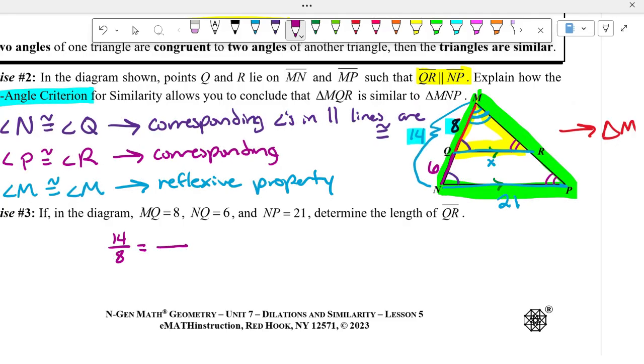Whatever value we pick should come from the same triangle as 14. 21, because 14 and 21 are on the exact same triangle. That's what I mean by it matters. You've got to make sure the two triangles match up. So that means 8 would go with X, because 8 and X are in the same triangle.